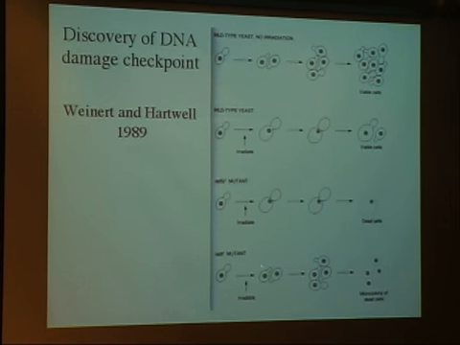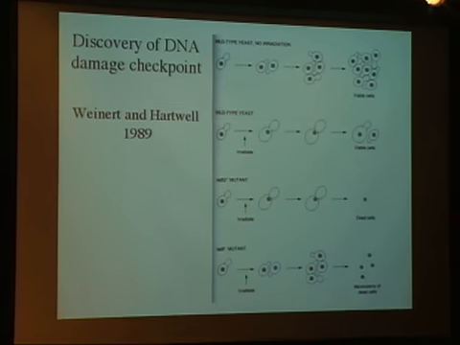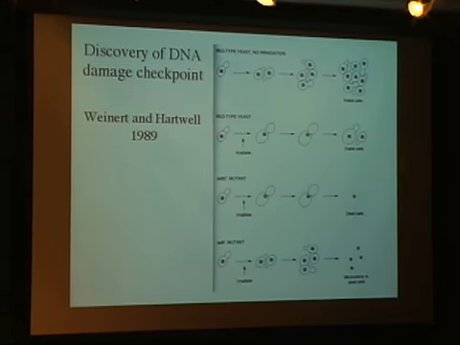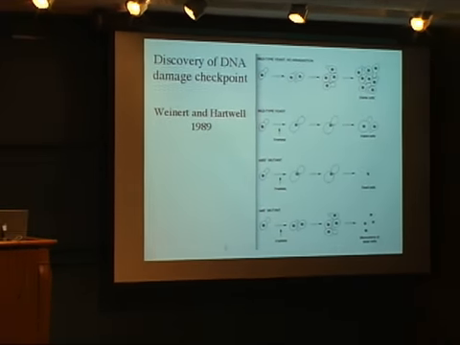Okay. And so the major difference between a bona fide repair mutant and a checkpoint gene is that the repair mutant didn't affect the ability of the cell to arrest the cell cycle, whereas the checkpoint gene did. Okay. And so this was really formal genetic proof then that cells do contain regulatory systems that monitor the status of chromosomes and can react and control the cell cycle in response to problems.